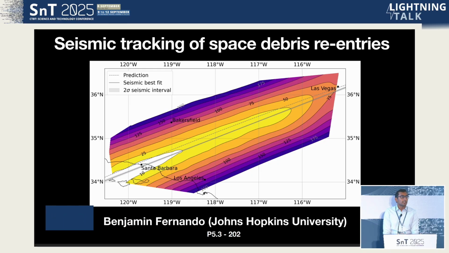We're now at a point where several satellites per day fall back into the Earth's atmosphere, and no one really knows where they're going to end up. Many of them contain materials that are flammable, toxic, or even radioactive. In my poster, I'm going to be showing how we can use seismic and infrasound data to track and understand how these objects re-enter the atmosphere, how they break up and disintegrate, and where we might eventually be able to find these fragments. Thank you.